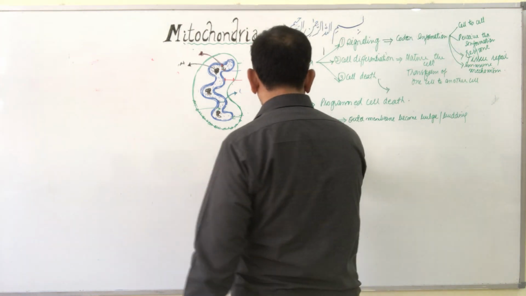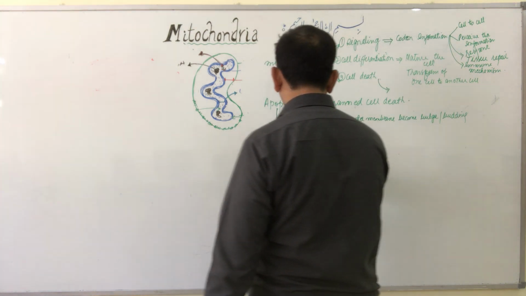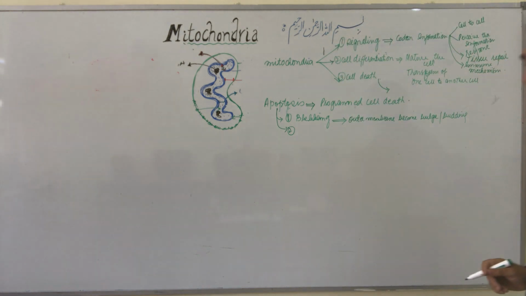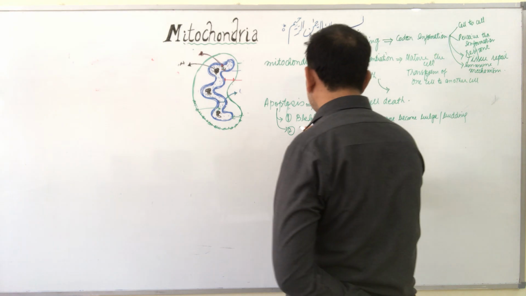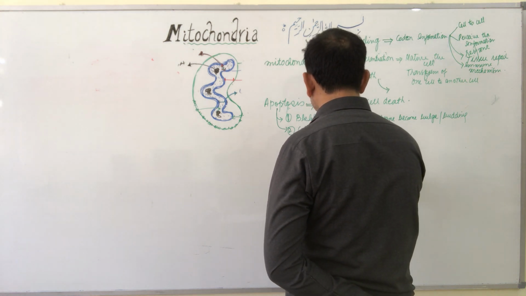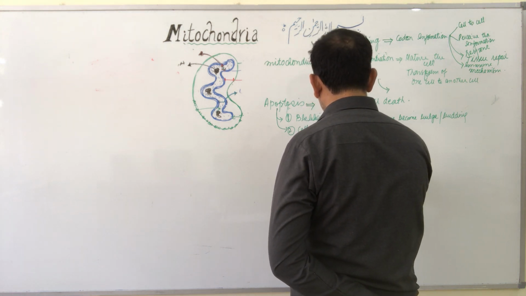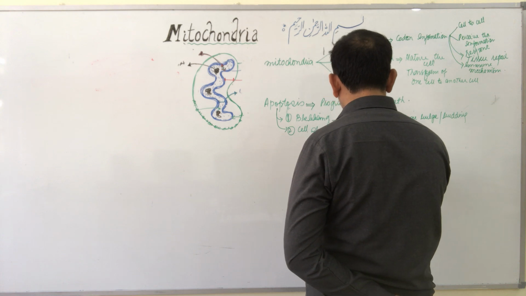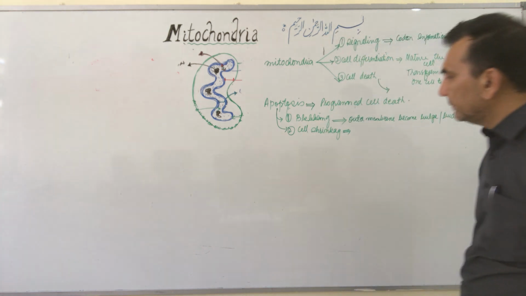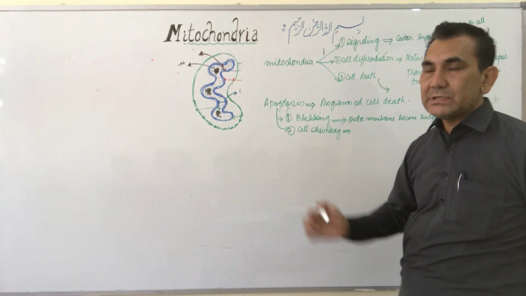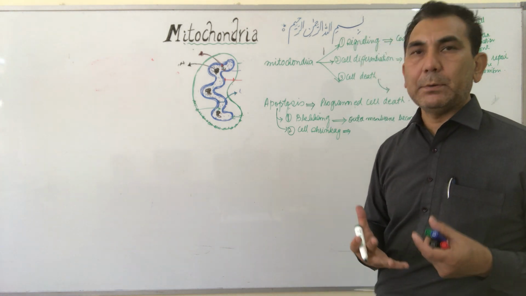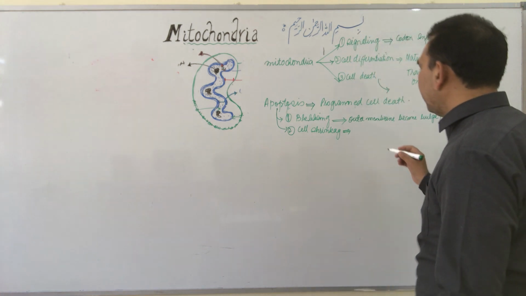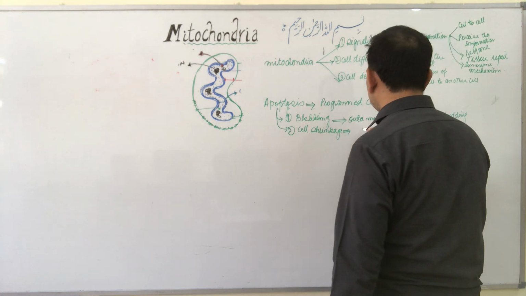The second mechanism is called cell shrinkage. Cell shrinkage is again a type of programmed cell death, a type of apoptosis.